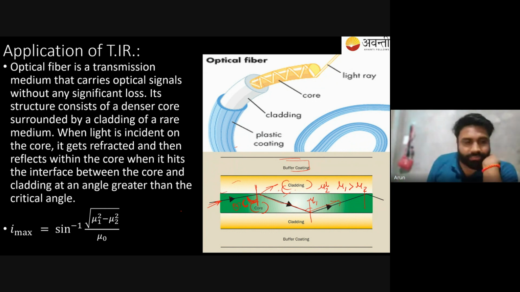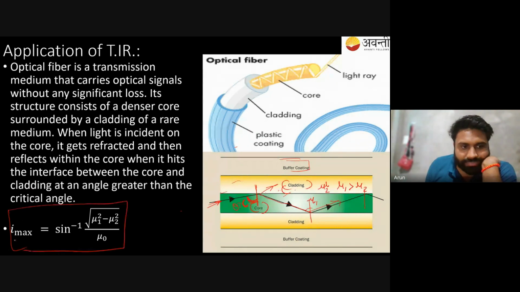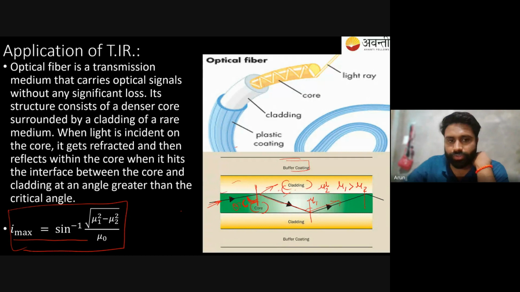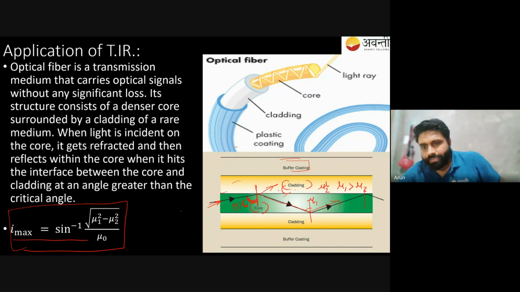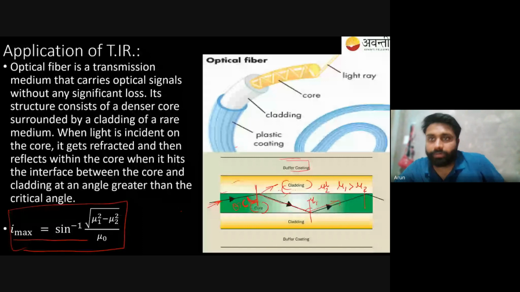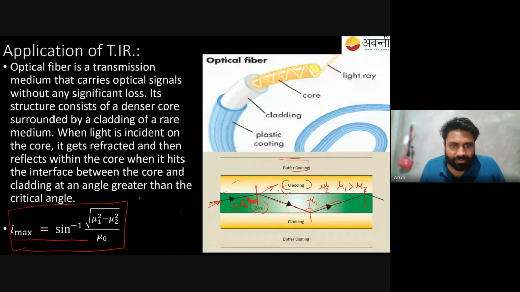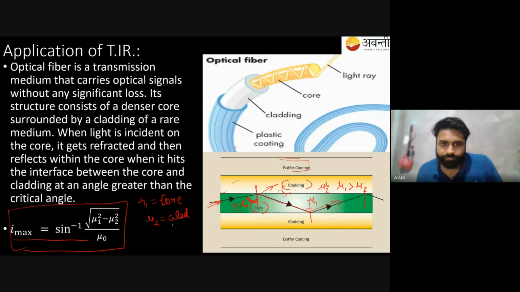For this, what should be the maximum value of the angle of incidence? It is decided by this formula: i max is equal to sine inverse of the square root of mu1 square minus mu2 square, where mu1 is the refractive index of the core and mu2 is for the clad.